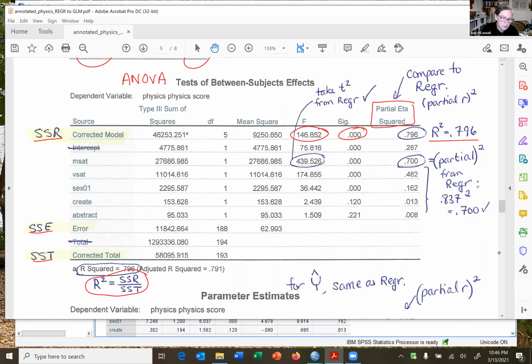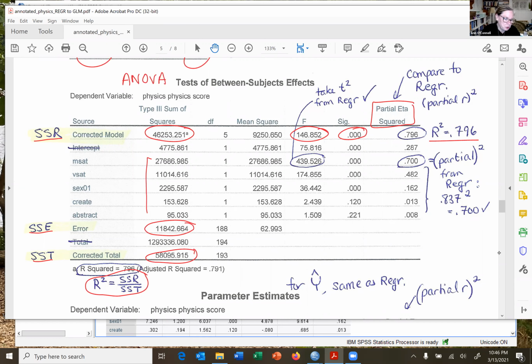This column does not sum to the 58,095, as you can see by looking at it, but the pieces that will sum to the 58,095 are the regression sums of squares and the error sums of squares.